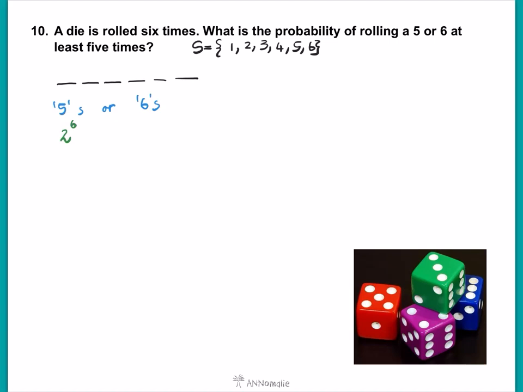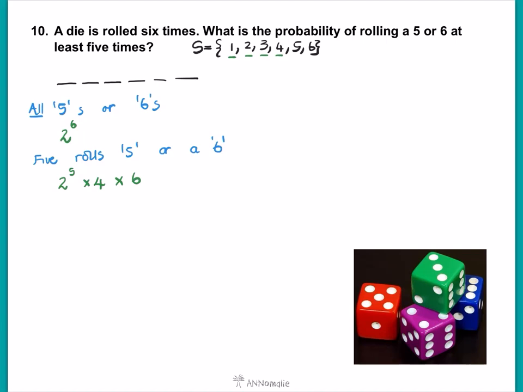But what if only 5 of the boxes, 5 rolls, is a 5 or a 6? Then we have 2 numbers to choose from, 5 times, and then we've got 4 numbers to choose from, but those 4 numbers can be in any of the 6 positions.